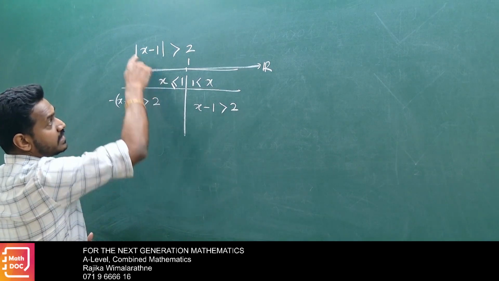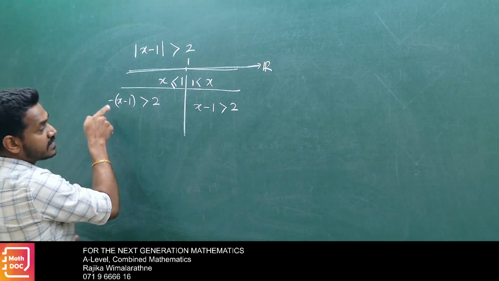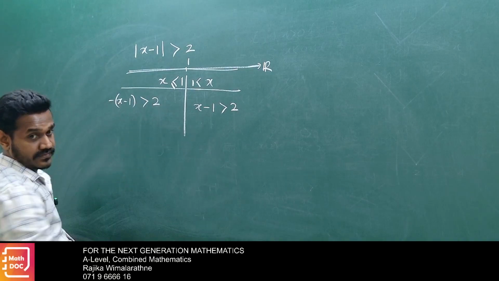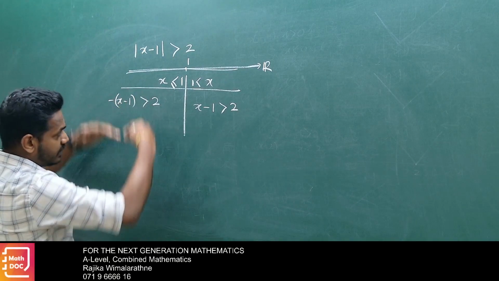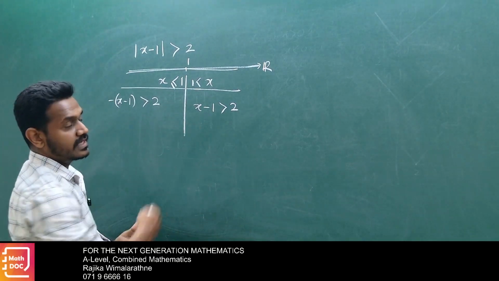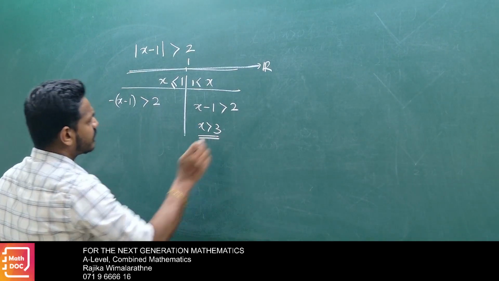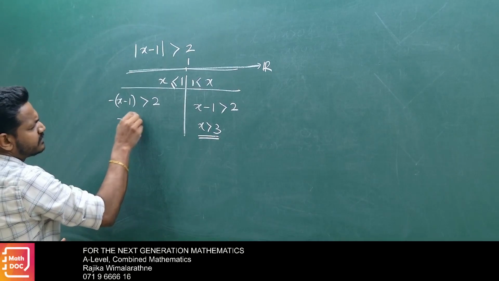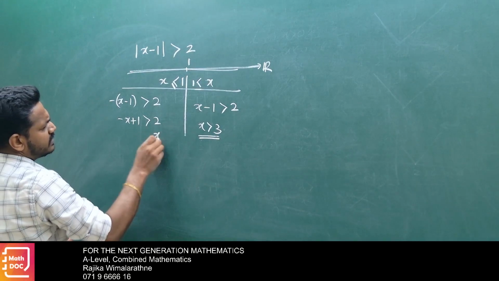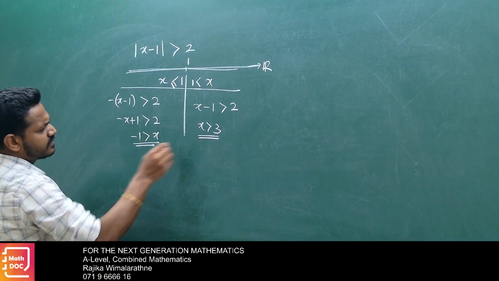Then you evaluate. We know how to evaluate a linear one. Then x greater than 3. Here for the other, minus x plus 1 greater than 2, minus 1.